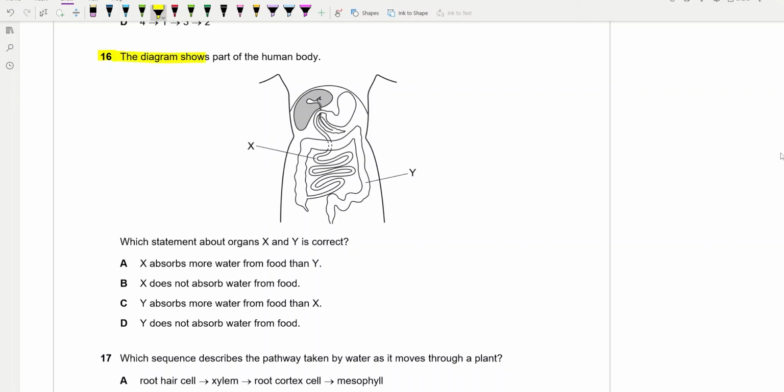Question number 16. The diagram shows part of the human body, X and Y. X is the small intestine and Y is the large intestine. Which statement about organs X and Y is correct?